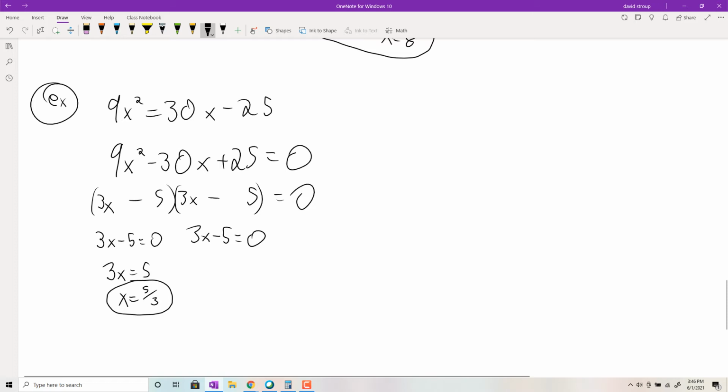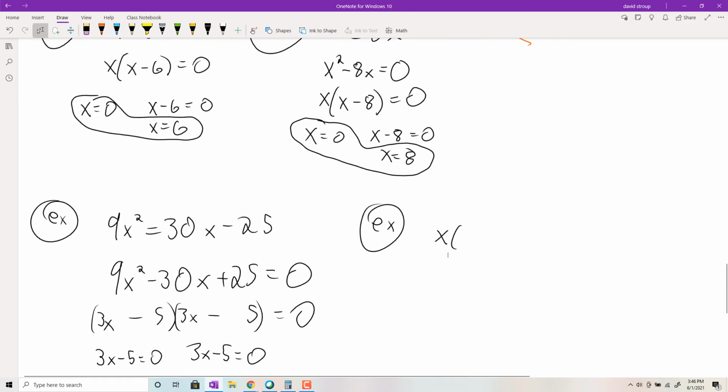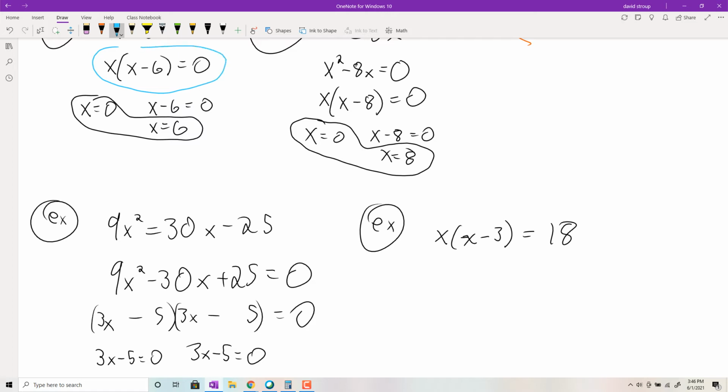Some of these are a bit deceptive. Like it looks like a problem above. For example, x times x minus 3 equals 18. It looks a lot like this example at the top left that I'm circling in blue.